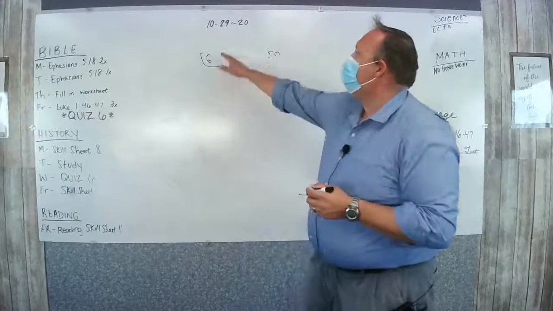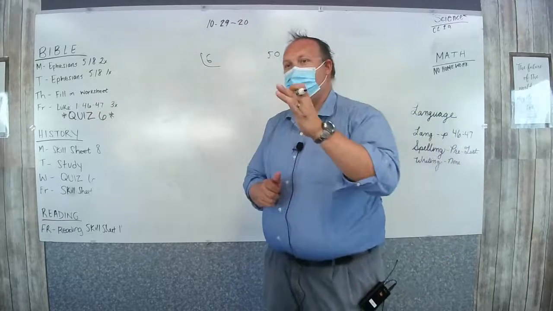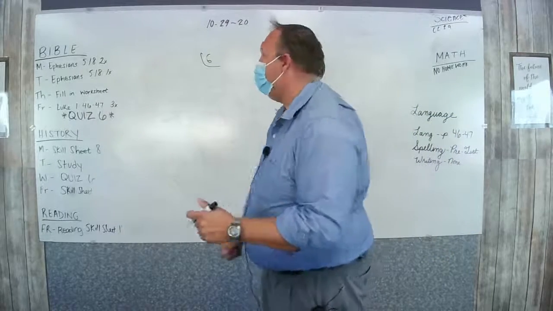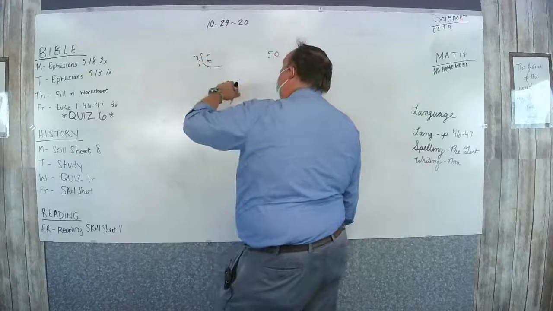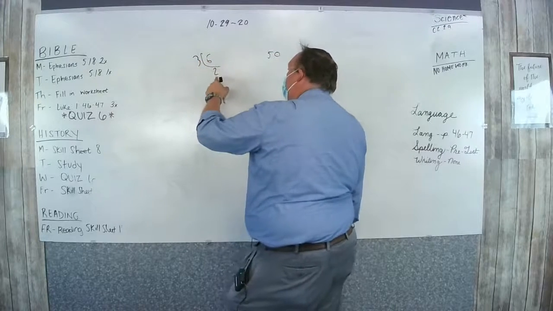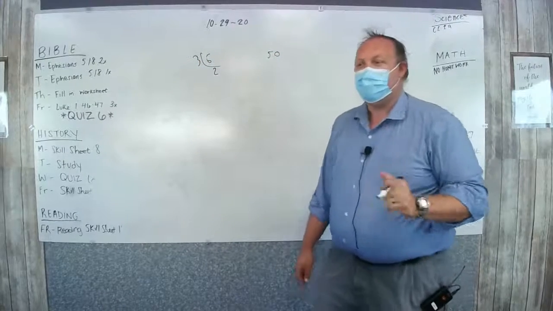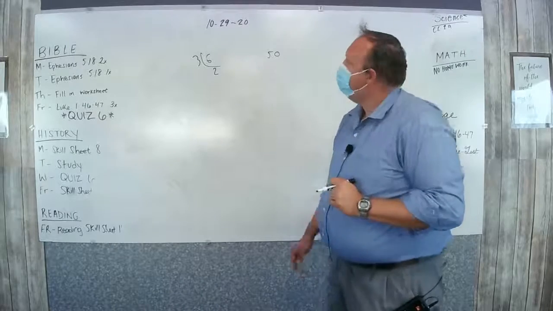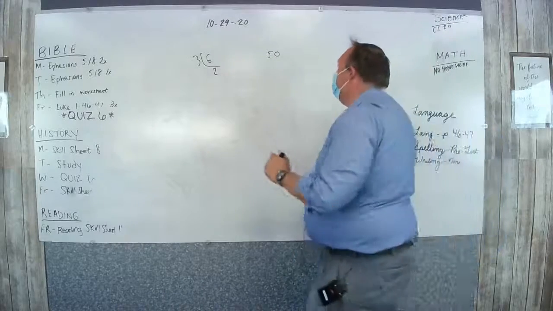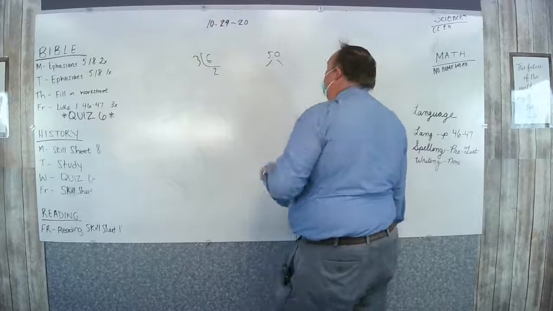Okay? So, what prime number goes into 6? Tony? 3. 6 divided by 3 is? 2. Is that a prime number? Yes, it is. Okay. 50. Let's do the factor tree with this one.